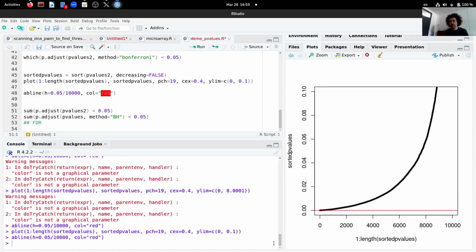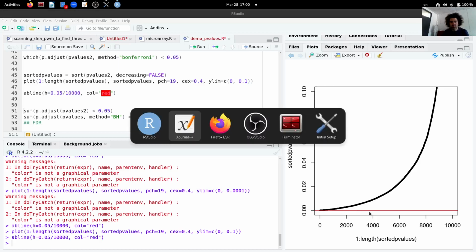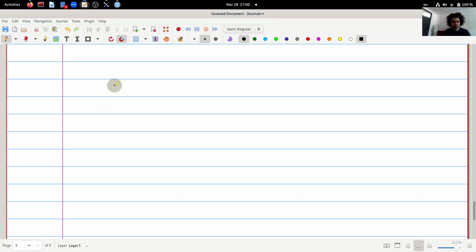Now you see that besides here the very beginning, nothing else is smaller than this threshold, which is a Bonferroni correction. What they propose in a different methodology, which is called FDR, is the following.